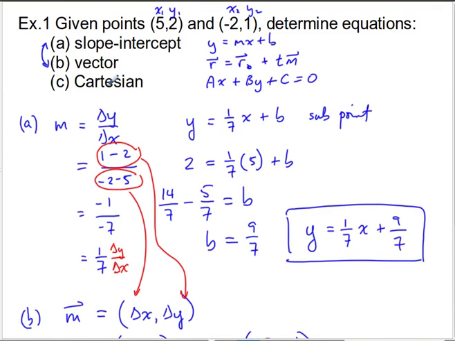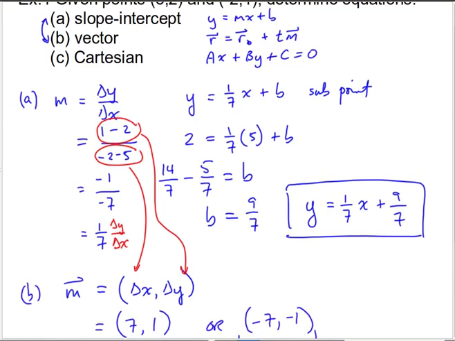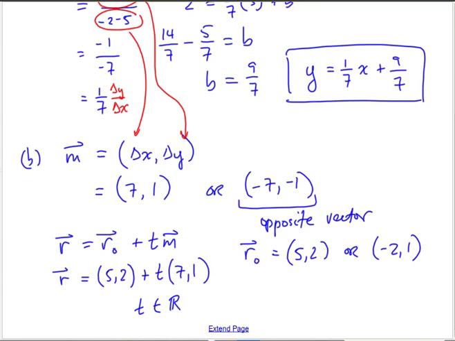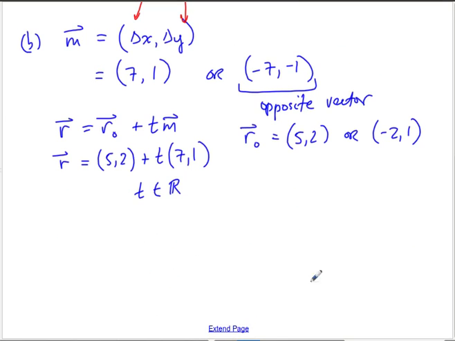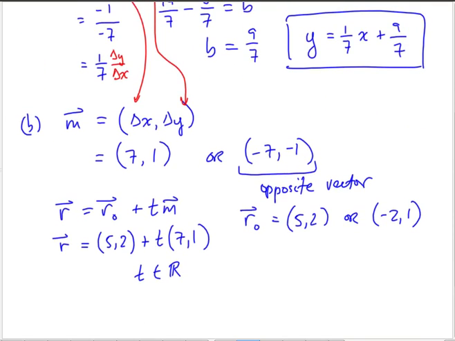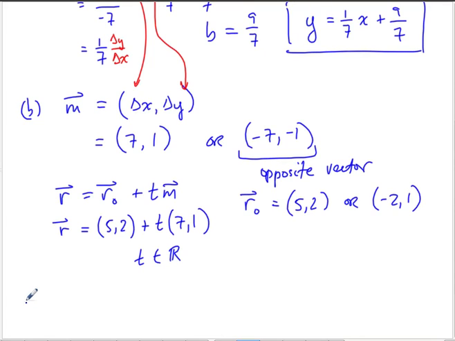Now, for the Cartesian, there's nothing you really need to do other than convert the slope-intercept form into Cartesian form. Now I'm going to show you something shortly to make another connection there. But for now, I'm going to start with y equals 1/7 x plus 9 over 7.